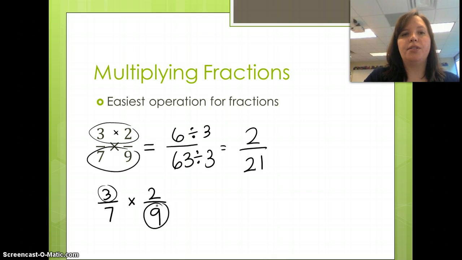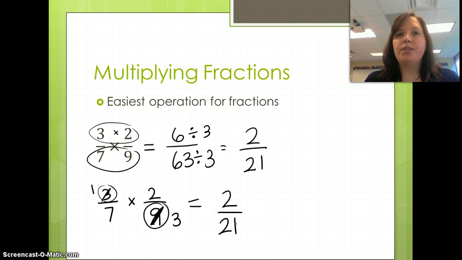That factor is 3. So if I divide the numerator and denominator here by 3, I can take care of my simplifying ahead of time and then multiply and get 2 on the top and 21 on the bottom. It's your choice. Whatever you think is easier works for multiplying, but multiplying should be your easiest operation.